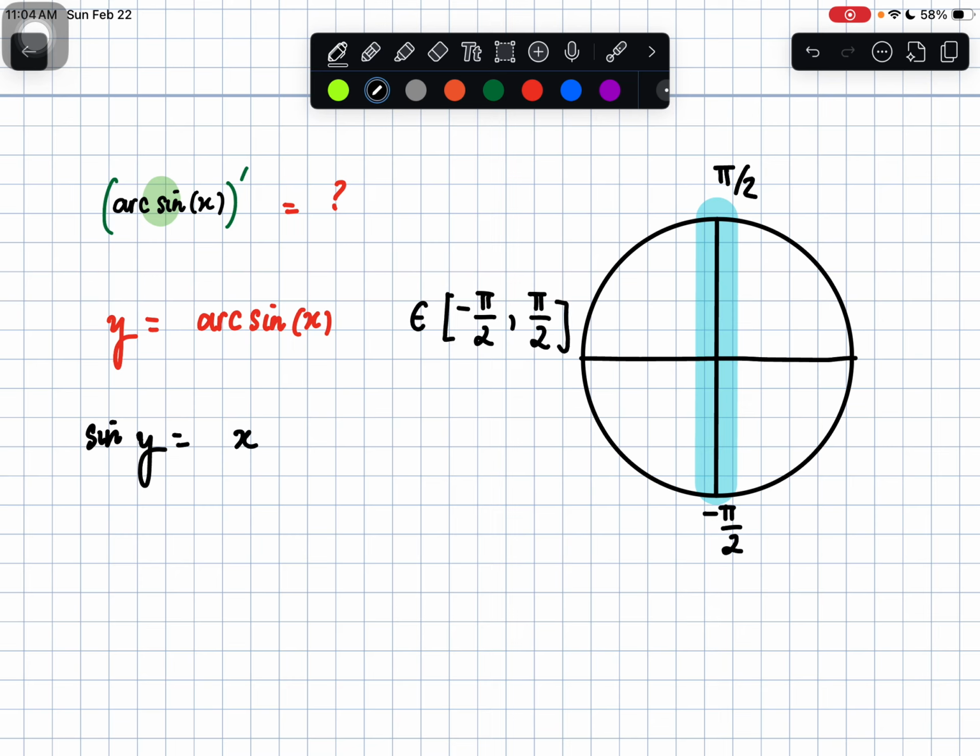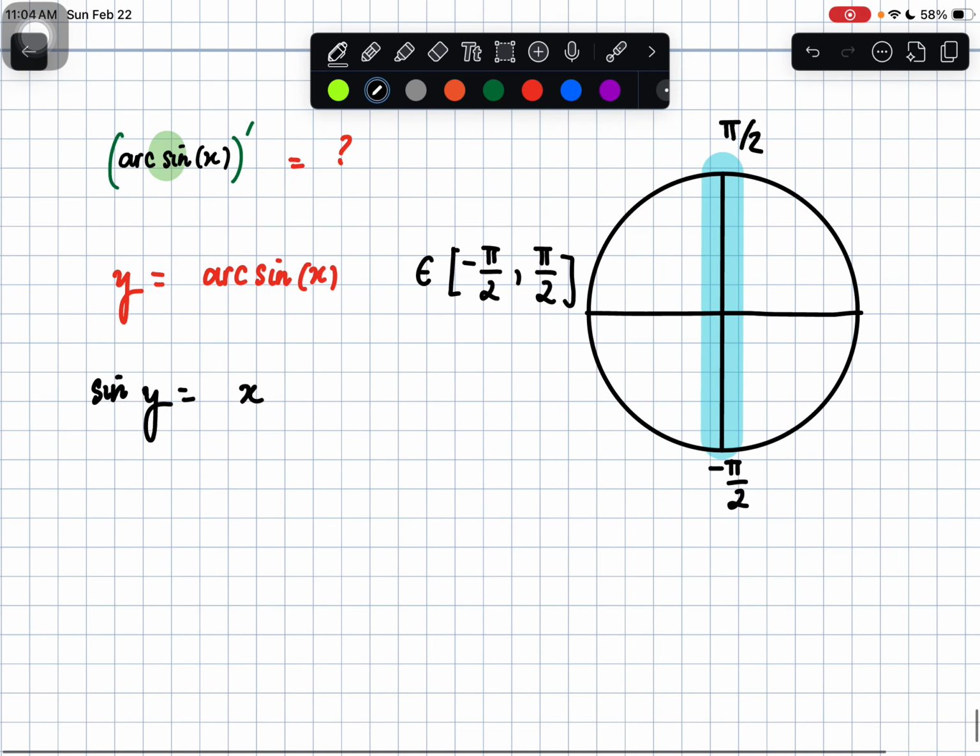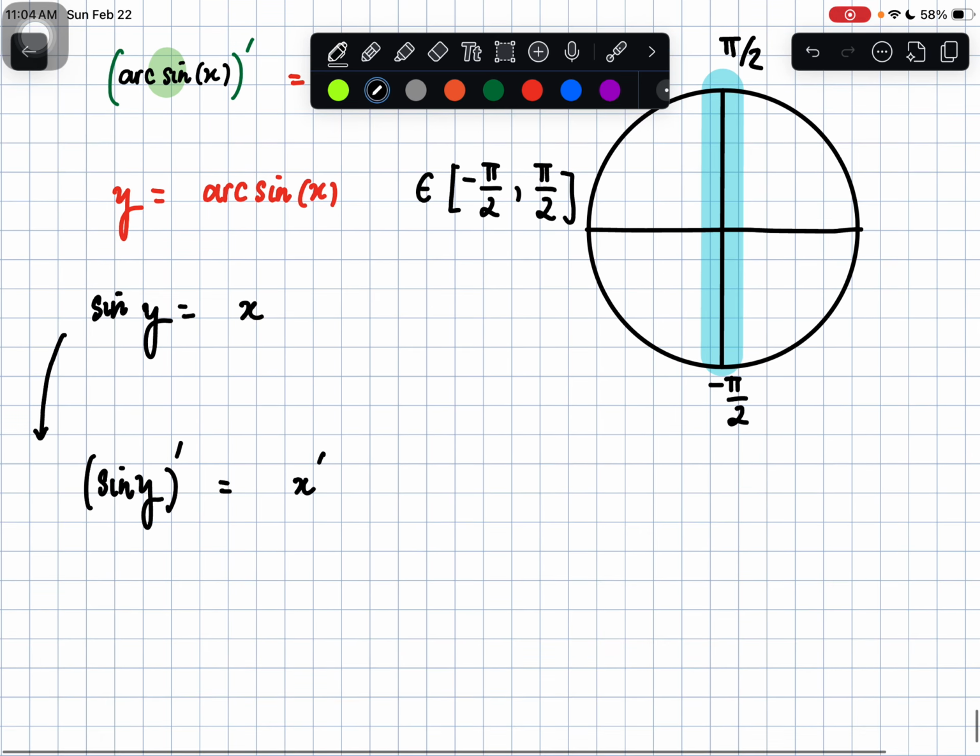Now x equals sine of y, and you can take the derivative of both sides. Differentiate both sides of this equation: the derivative of sine of y equals x prime. The derivative of sine of y is y prime times cosine of y, using the chain rule.